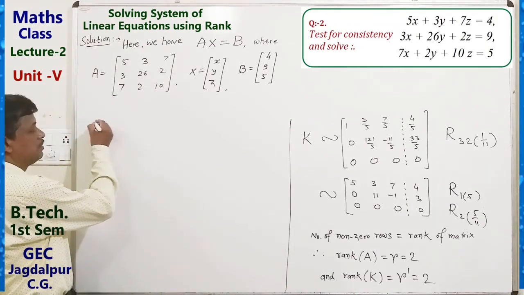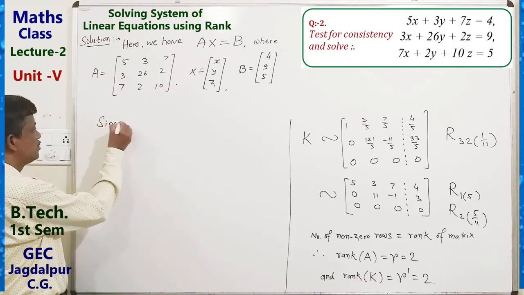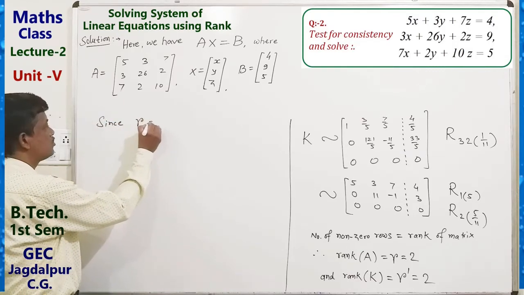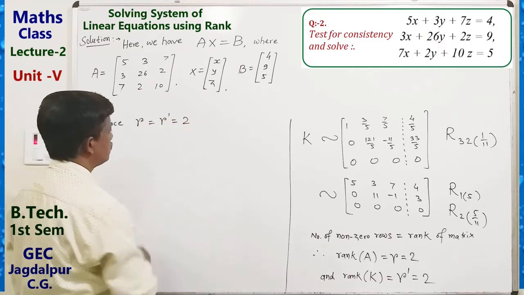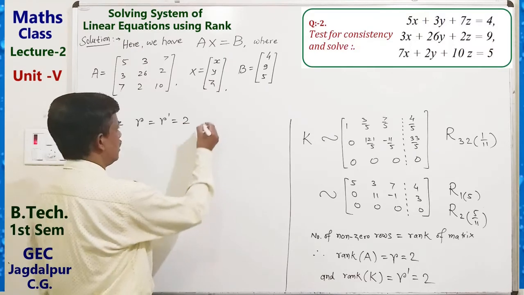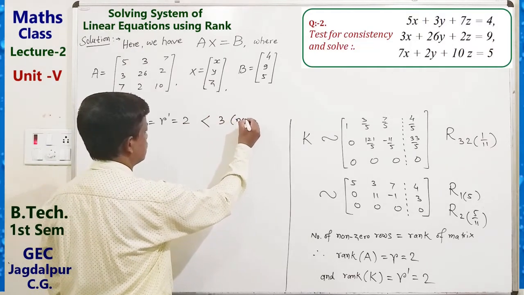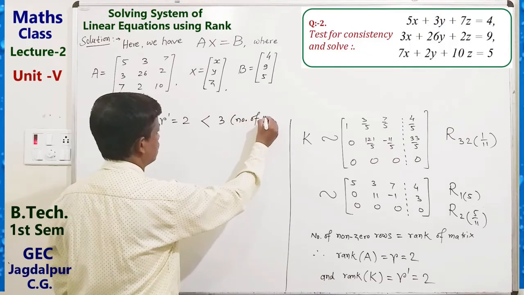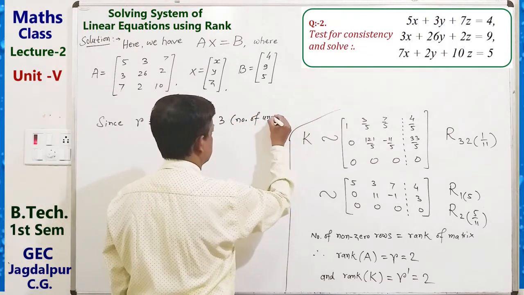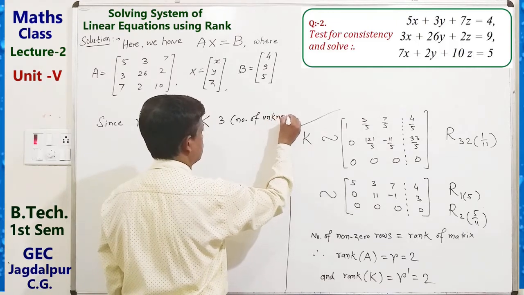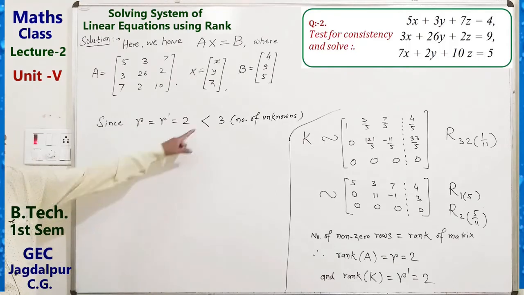Just see, since R equals R dash equals 2 and less than 3, the number of unknowns.